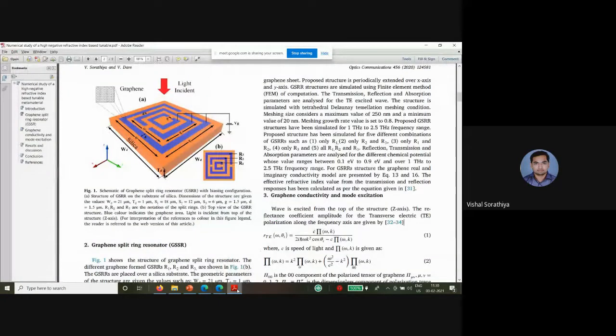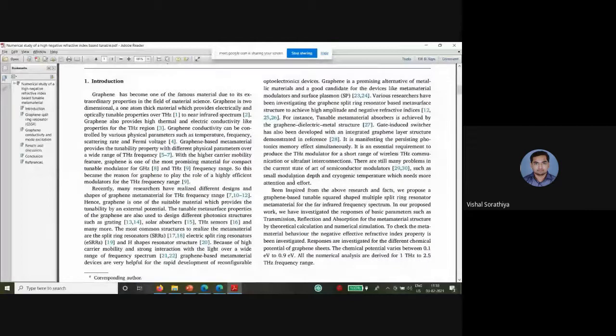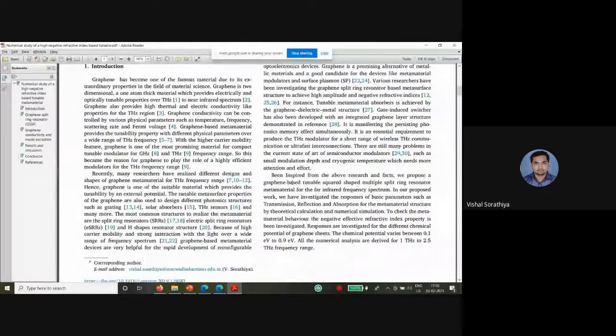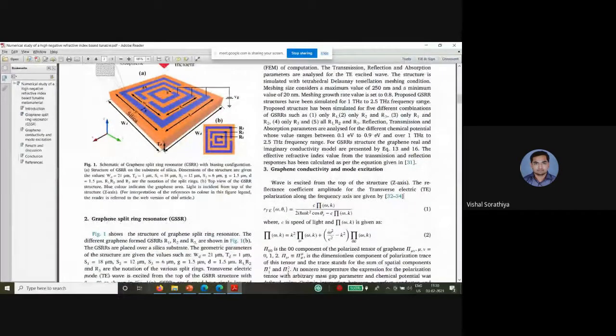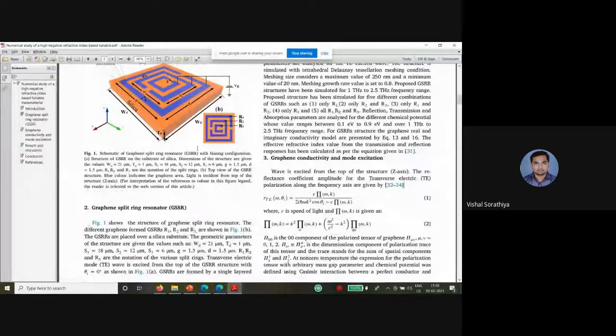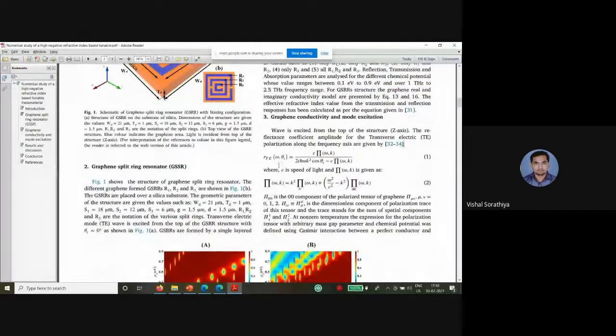So this is the first thing. You can say first the introduction, in which you are giving the basic idea, history, previously designed structures and all the things. Then you start including your structure: this is my design, this is a description of the design. What are all these parameters? What are the dimensions? What is the meaning of this diagram? Then what mathematical equations have I used?